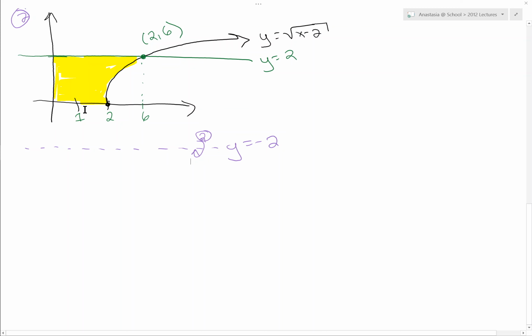So notice we now have a gap between our region and our axis of revolution. If we were using the disk washer method in the previous section, then we would have to account for that gap by having an inner radius and an outer radius. But in this case, it doesn't affect the shell method quite as much.